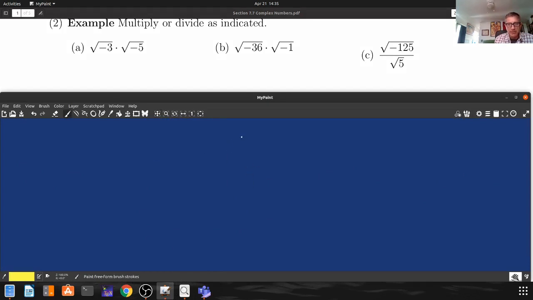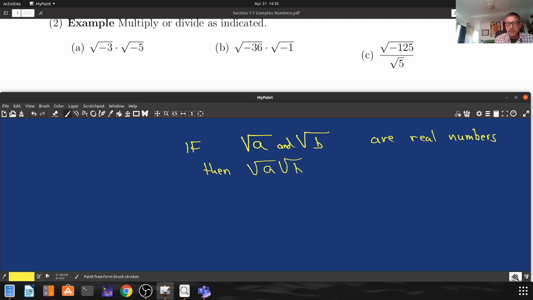We said, if the square root of A and the square root of B, this is the literal theorem, are real numbers, that means their imaginary part is 0, then the square root of A times the square root of B is equal to the square root of AB.